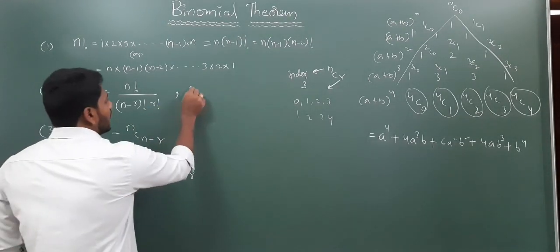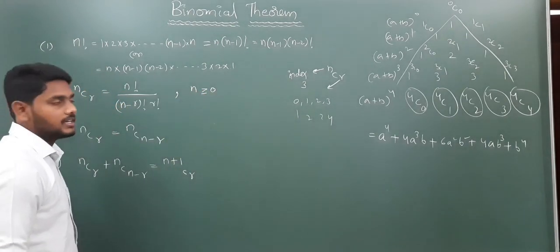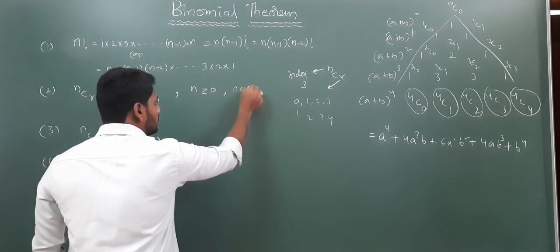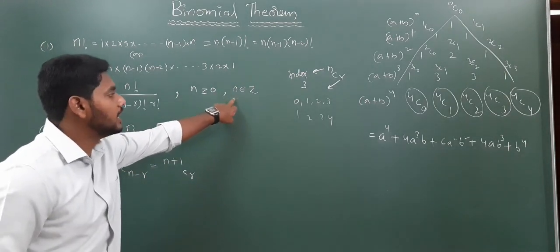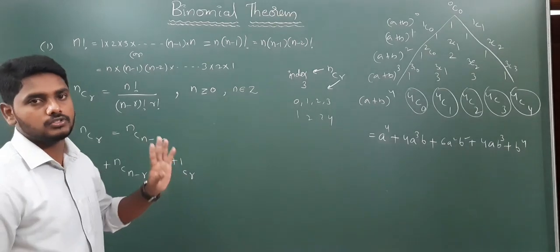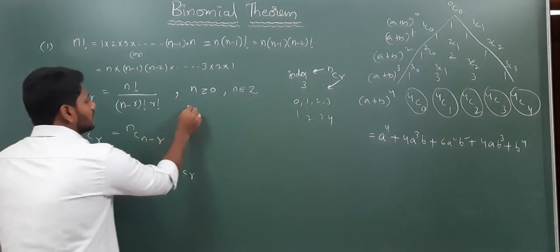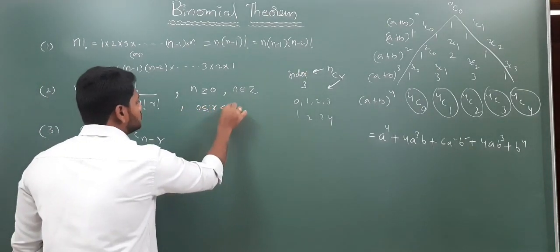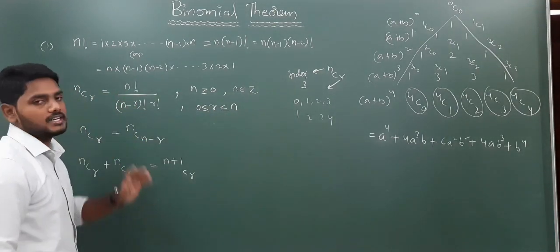The conditions are: n should be greater than or equal to 0, where n belongs to integers, like 0, 1, 2, 3 and so on, only non-negative integers. Now what about r? r should be greater than or equal to 0 and less than or equal to n.